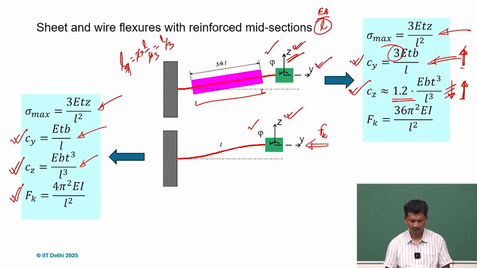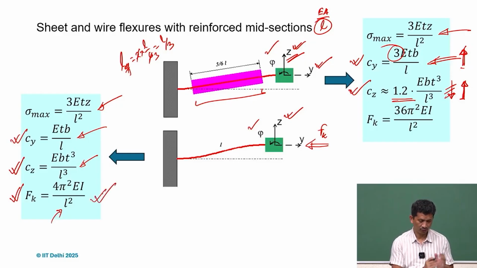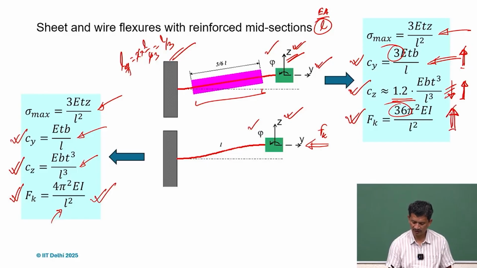The end conditions are moving in parallel, so for that condition, you can assume, or for a cantilever, it's a function of pi squared EI over the square of the effective length L. This is for no reinforcement, but the moment we reinforce, the effective length here is L by 3, and if we take the square in the denominator, we get 9 times, way higher, 9 times.